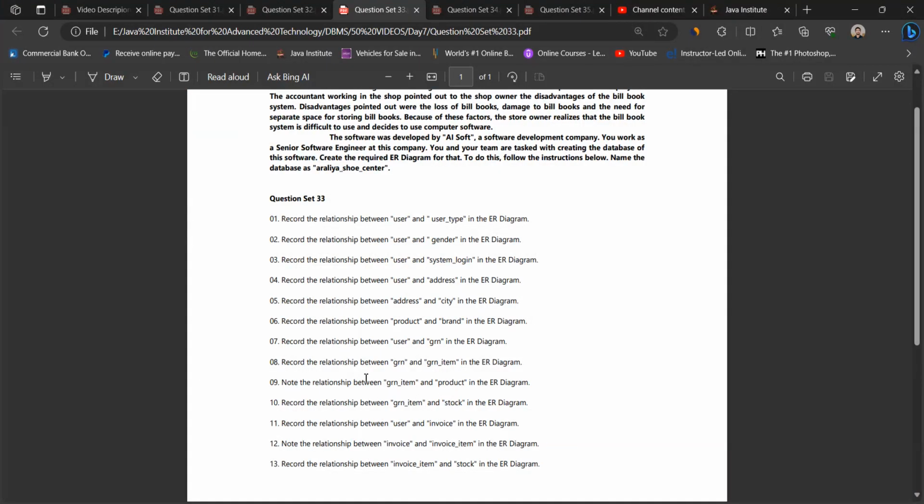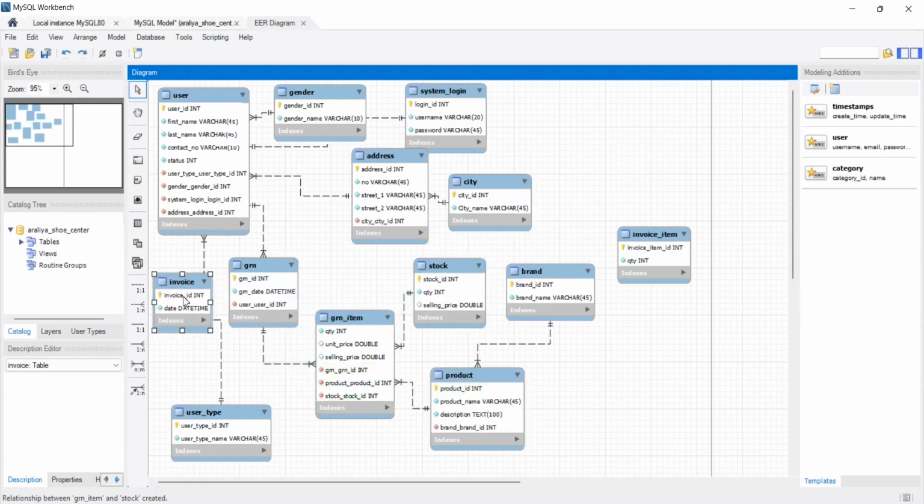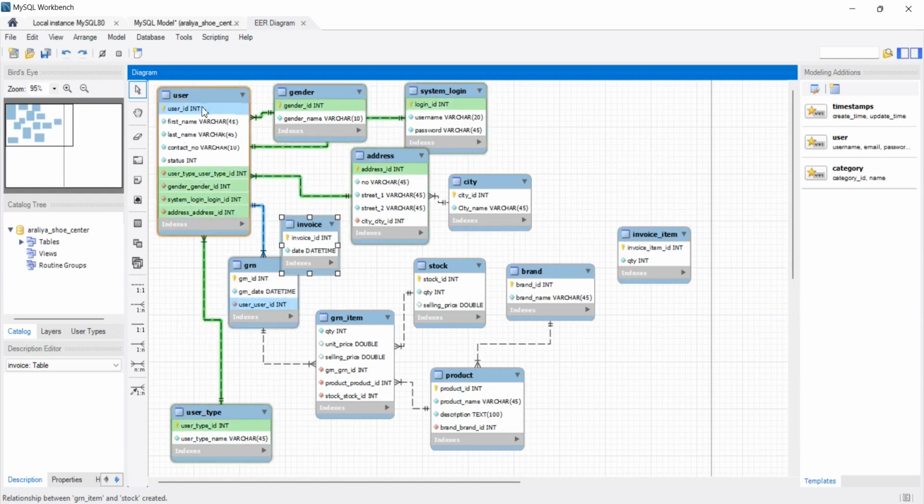To the next question, record the relationship between user and invoice. User and invoice. So one user can have many invoices.